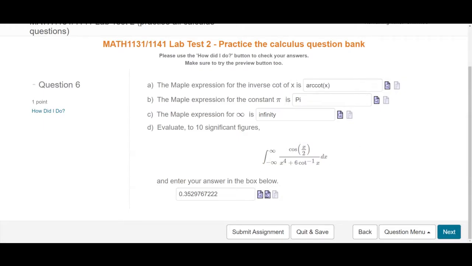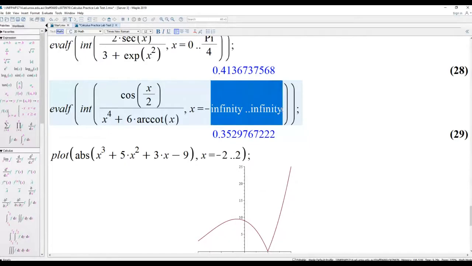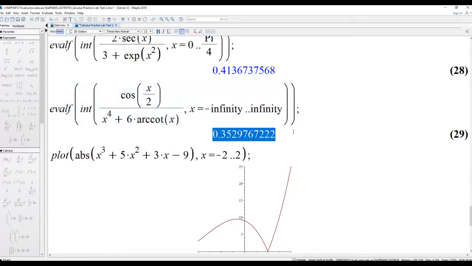So if I go back to my Maple window, you can see that I've done that in one step. Here you're integrating from negative infinity to infinity, so you just need to be careful with the limits of integration. Okay, and so I get that answer, copy and paste that, and put it into Maple.